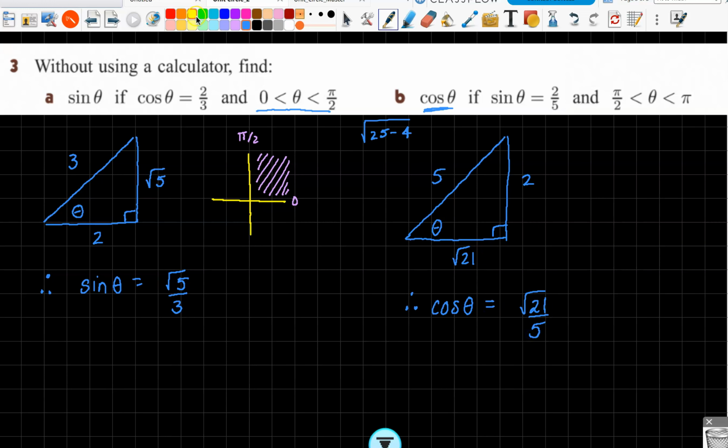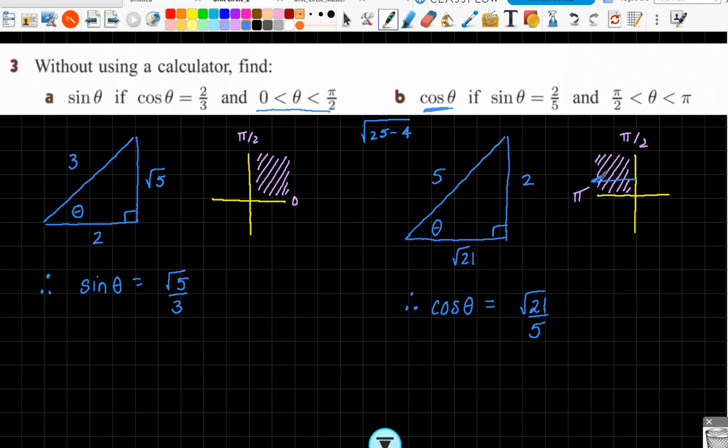But now let's check our quadrant. And this time, what are we looking at? We're looking between pi on 2 and pi. So quadrant 2. Now in this quadrant, cos, remember, cos is your x-axis.